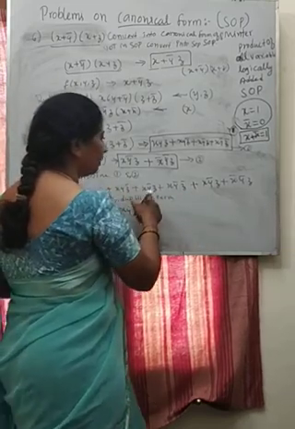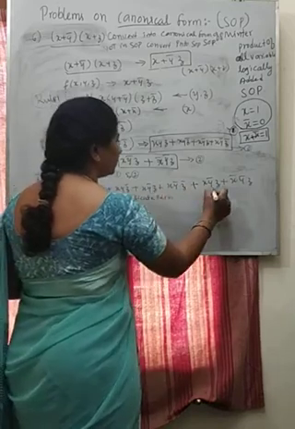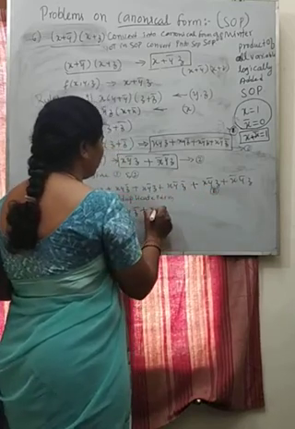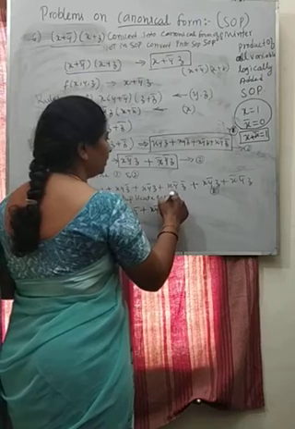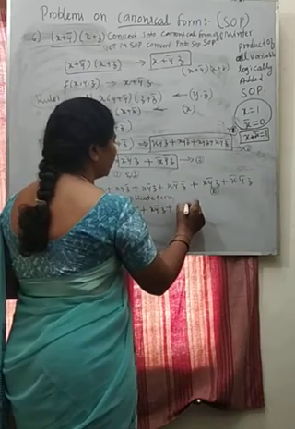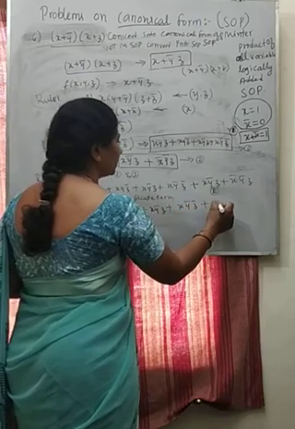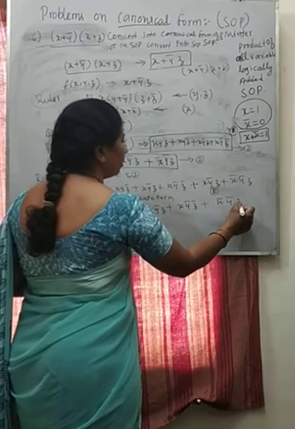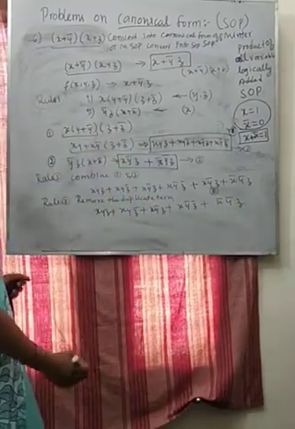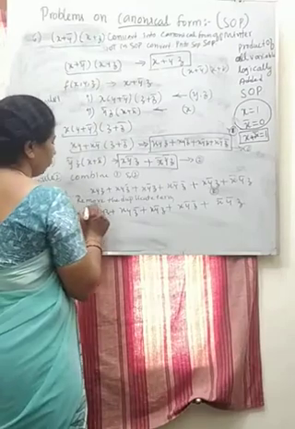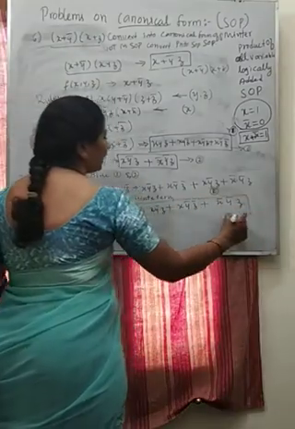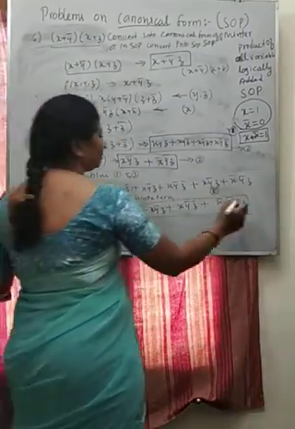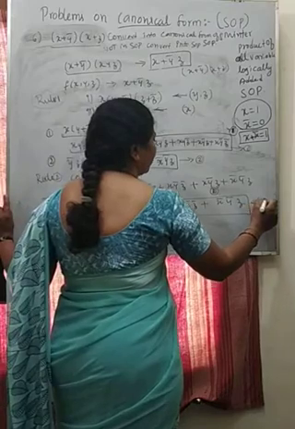Is there this one? Yes, this is repeated, so write it down only once. Is there this one? No. xy complement z complement. x complement y complement z. Now we got the canonical form. Only the canonical expression we got.